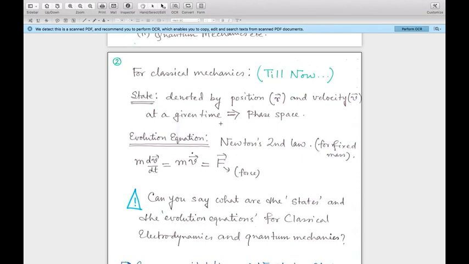Now let's say we are studying the motion of one single particle. Then at a given time instant t, we would like to know where the particle is situated, and that is its position. If we just denote the position and not the velocity, then no information of movement is given. We don't know whether the system is moving or not with time.